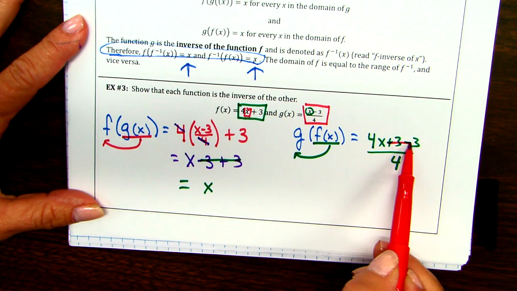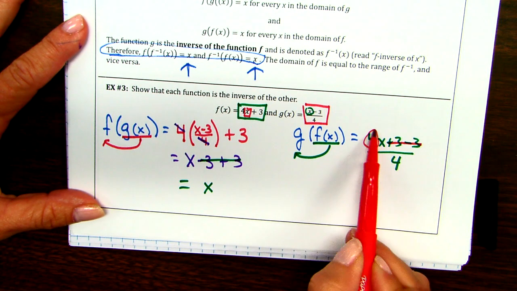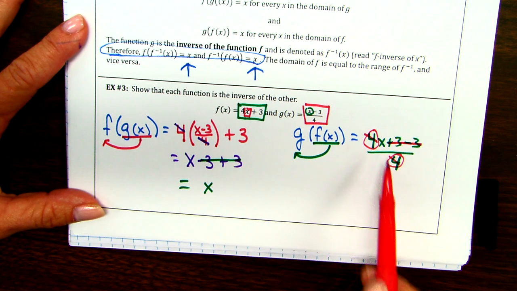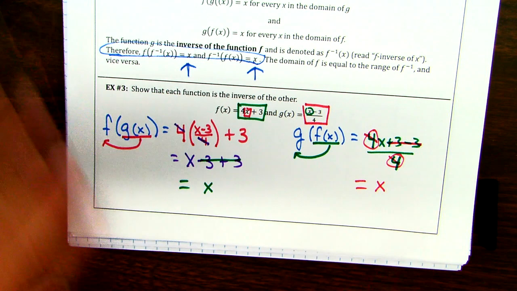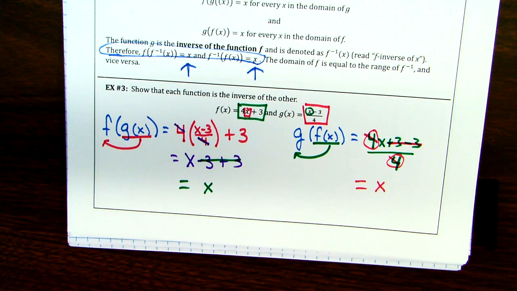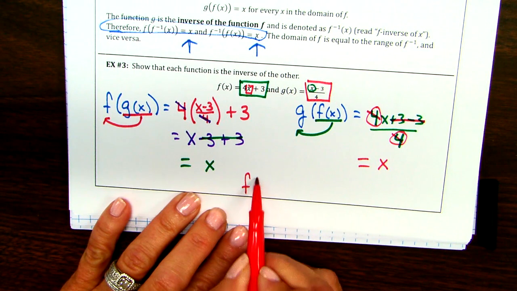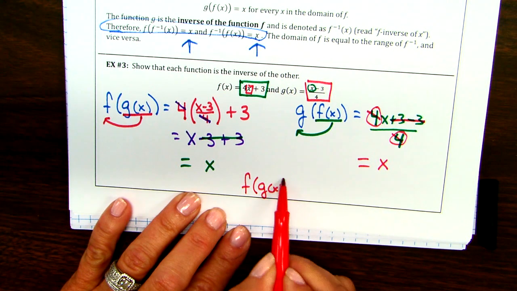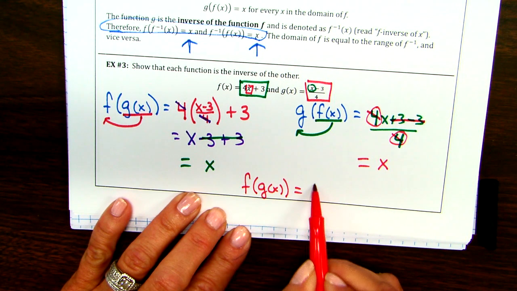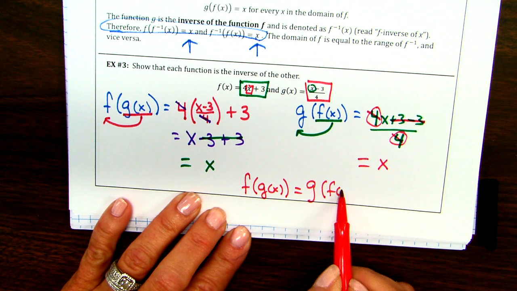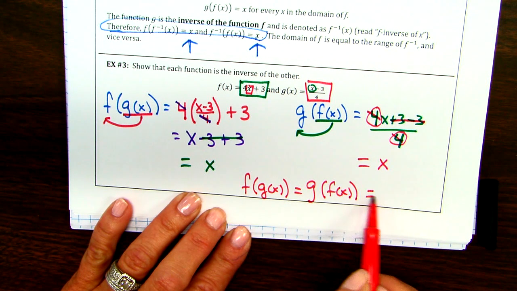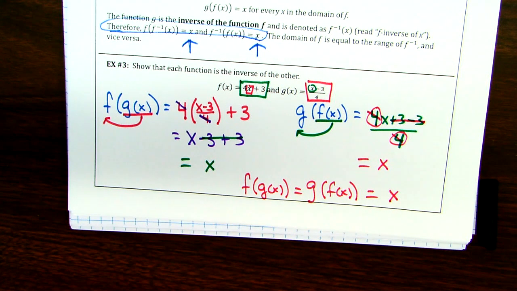The 3's cancel, 4 over 4 cancels, and we're left with x. So what we just found is that f of g of x equals g of f of x, and they both equal x. So yes, they are inverses of each other.